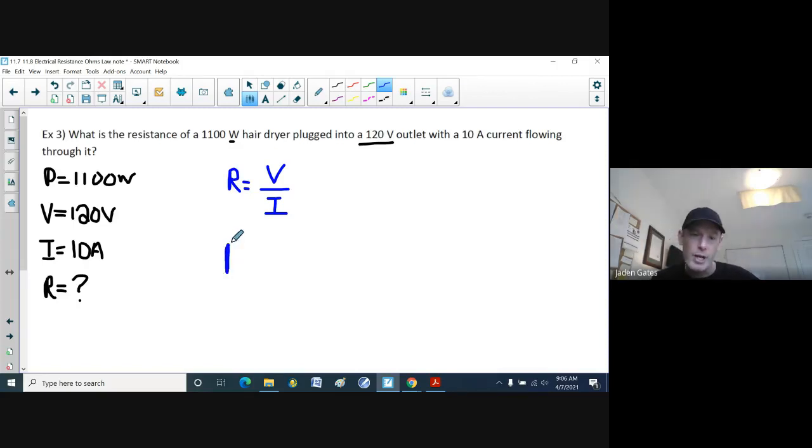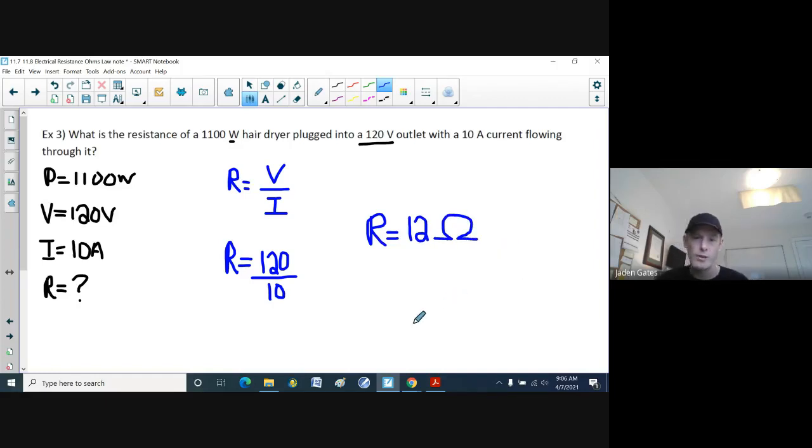But it's not a value we need. So R is equal to our 120 volts, there's our V, over our current, 10. And this is another easy math one. 120 divided by 10 is going to be 12. And again, the units for resistance are ohms, which is that funny looking horseshoe type thing.